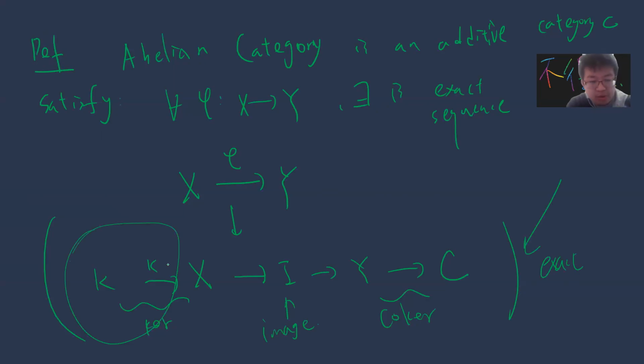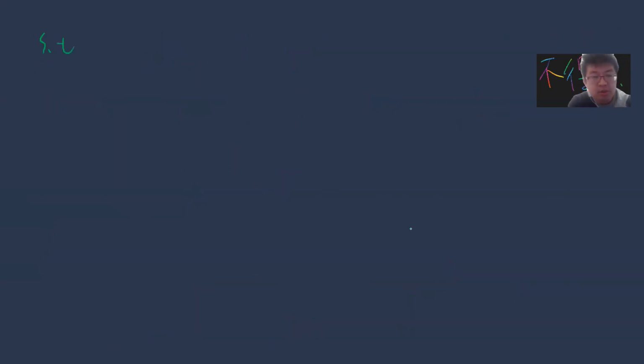Let me label it. I use kappa, I, J and c. Let me put it here. Such that the first one is exact.